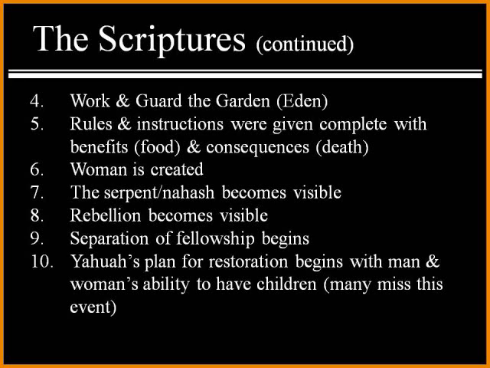And so we see one of the first demonstrations of rebellion in terms of man and his fellowship and his walk with the Father. So rebellion becomes visible, separation of fellowship begins as a result of eating of the forbidden fruit.